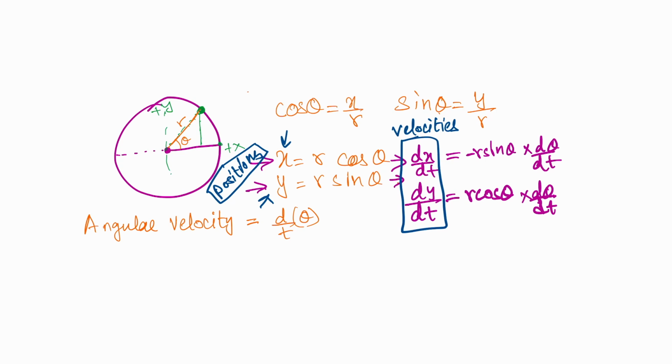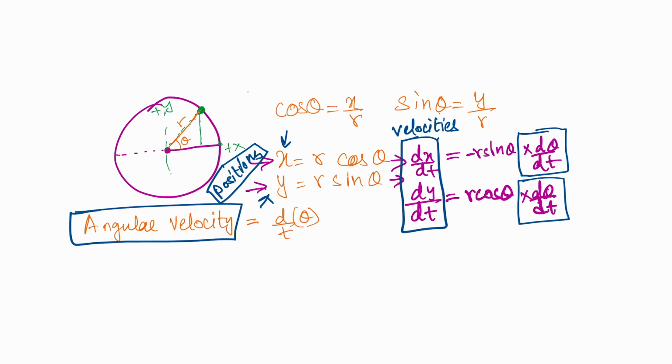Both represent x and y points, and the velocities represent x and y velocities. Both velocities are dependent upon this rate of change of theta, which is actually angular velocity. So angular velocity is directly linked with velocities in x and y, and so we can actually devise the velocities from the points on the circle. And so the velocity of a point on a circle can be described in terms of x and y components and the angular velocity. Similarly, you can go the other way around as well by doing the integration.